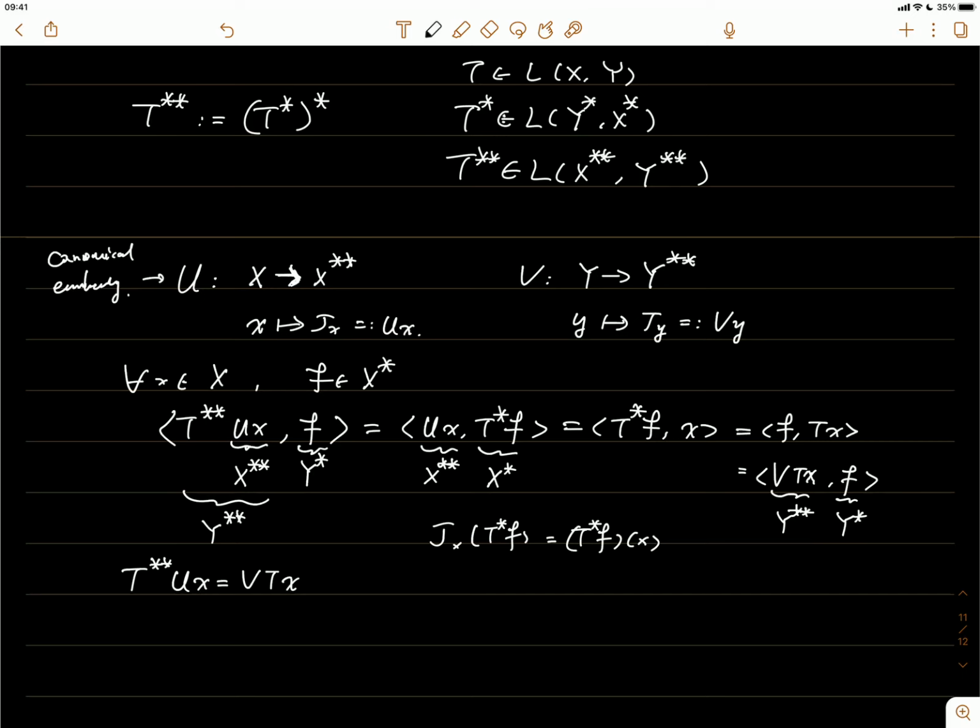Now, this is in X double star, but all these U_x just form a closed linear subspace of X double star.